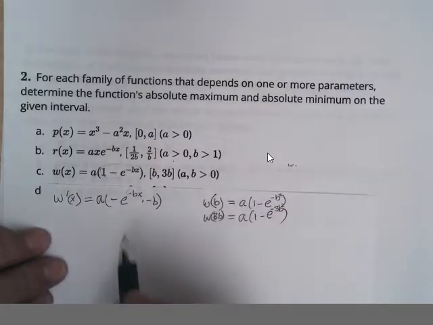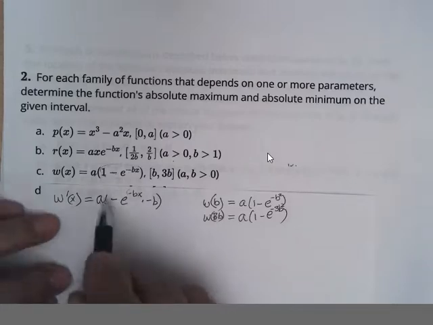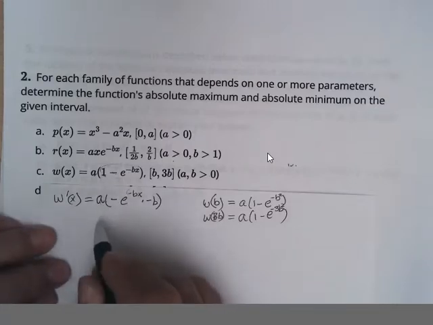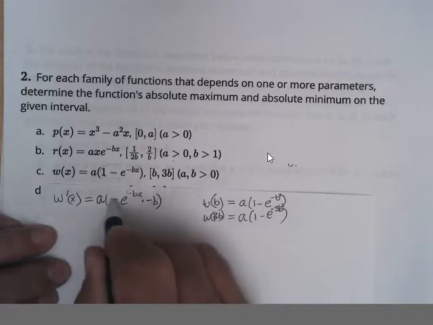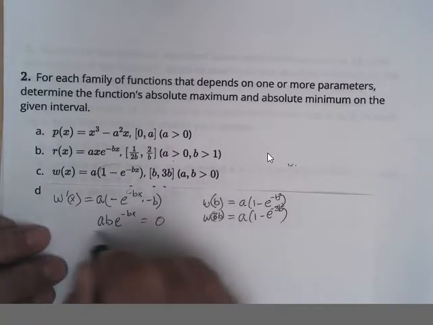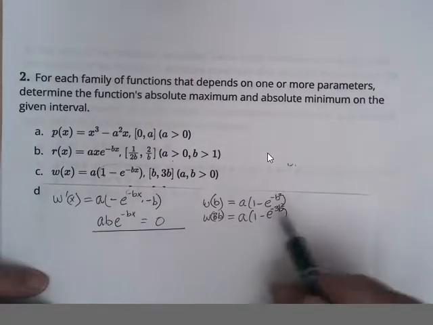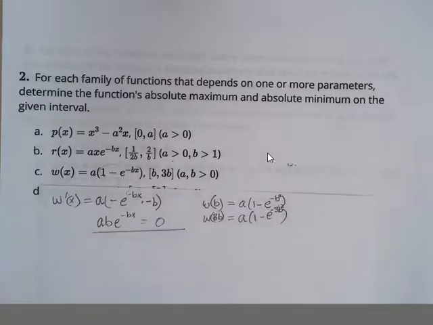And the derivative of 1 is nothing, so that's it. This is a constant, so we don't have to do product rule on this one. So we get minus times minus is plus, a b e to the minus bx. We're setting that equal to 0, and it's never equal to 0, so we just have to decide which one of these is max and which one's min.